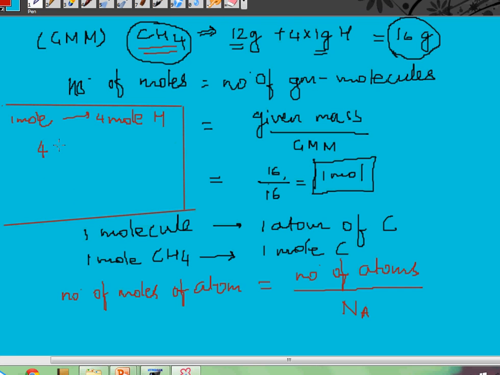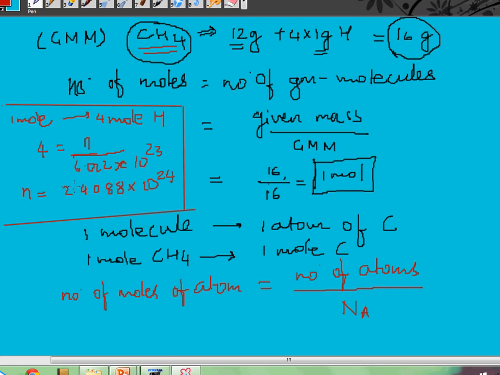Just substitute the value. 4 is equal to, let's say, number of atoms n divided by Avogadro's number, which is 6.022 into 10 to the power 23. So n is equal to 4 into 6.022, giving 2.4088 into 10 to the power 24 atoms of hydrogen.